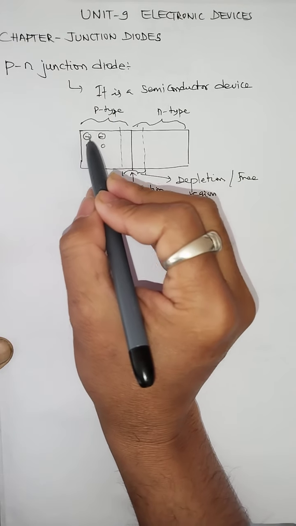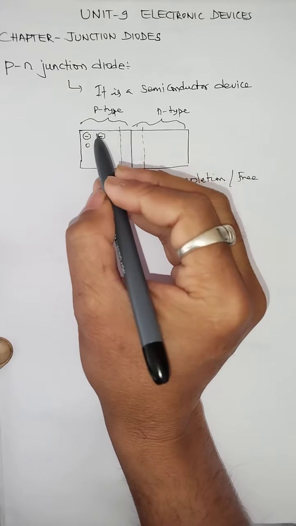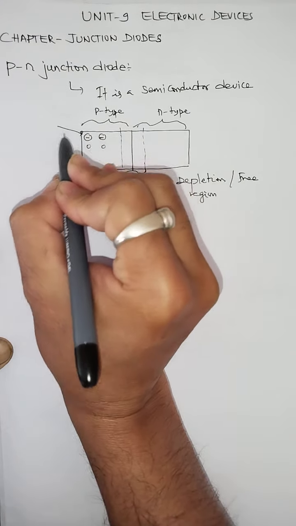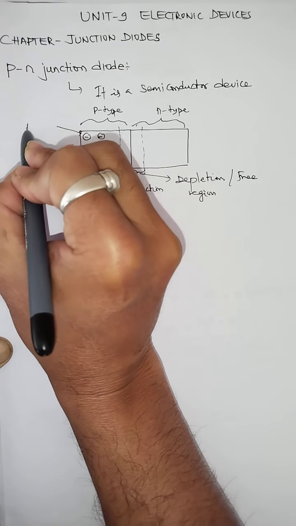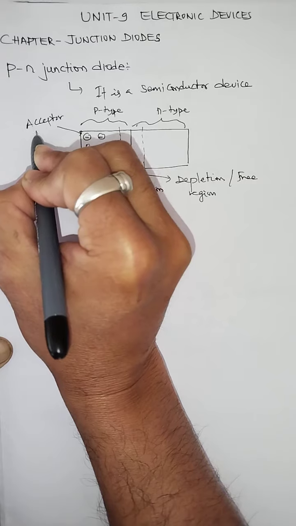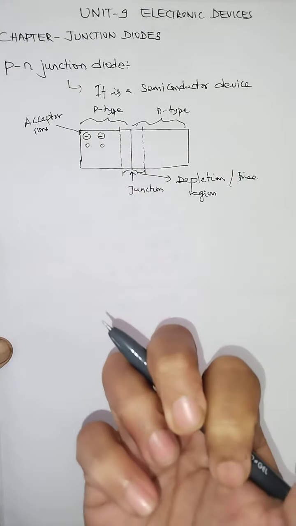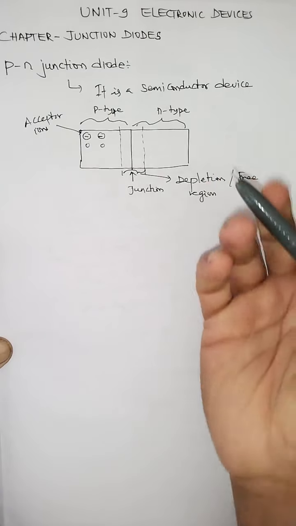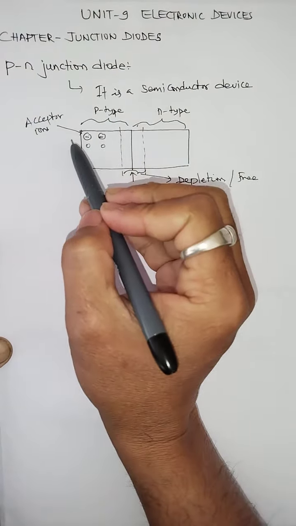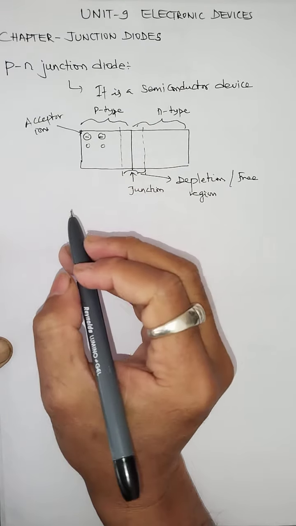That's why in P-type semiconductor, whenever there is a hole, there are negative ions, and these negative ions are called acceptor ions, because these ions are able to accept electrons, so that holes are created.